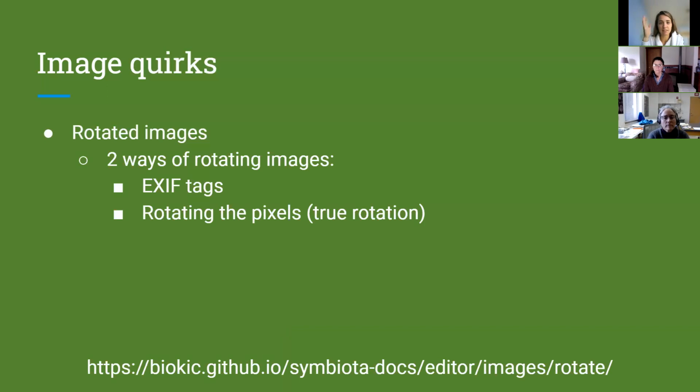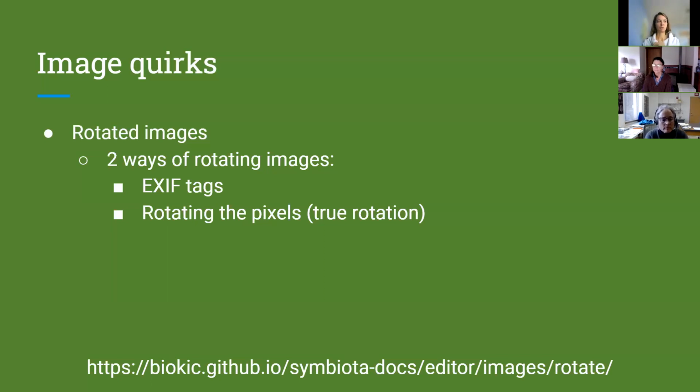A way to get around this is using the other way to rotate images, which is to physically rotate the pixels. Some software, when you just say rotate an image, will say great, I'll just stick this tag on it that says, please rotate. And then another software will physically move all the pixels onto their side. So things like Lightroom will do physical rotation of all the pixels.